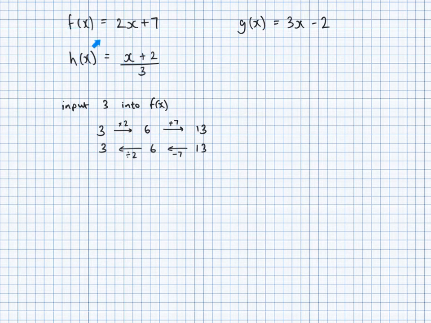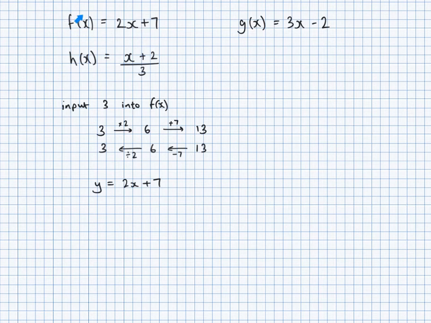The way we come to that using an algebraic method, instead of writing it like a function machine like this, is first we're not going to use f of x because it can get a bit messy. Instead of f of x, I'm going to write y here. So I'm going to start by saying y equals 2x plus 7, and the y is going to represent the output. This is the same function as I have here.